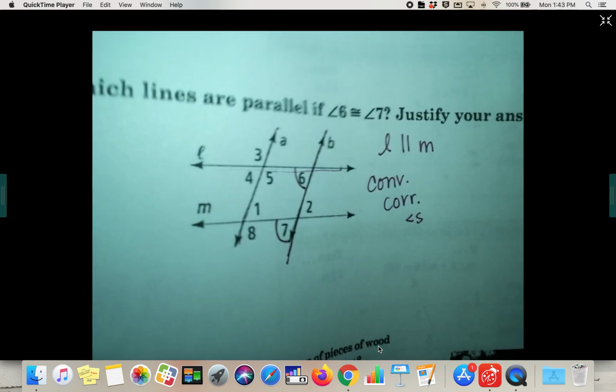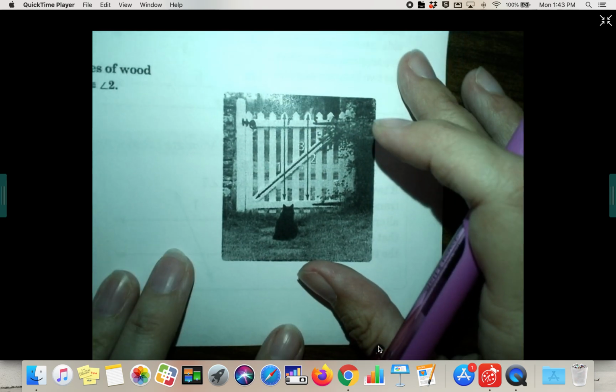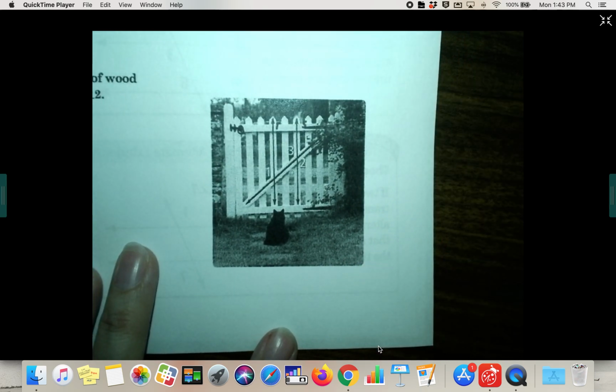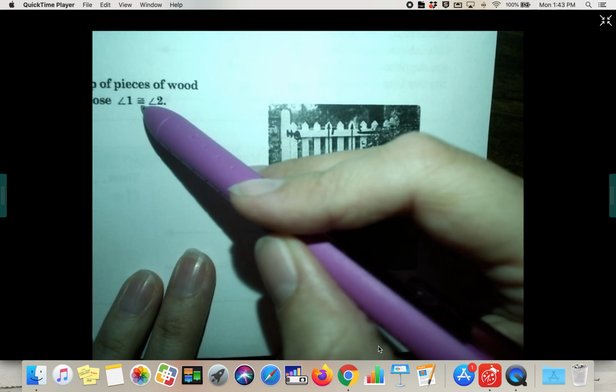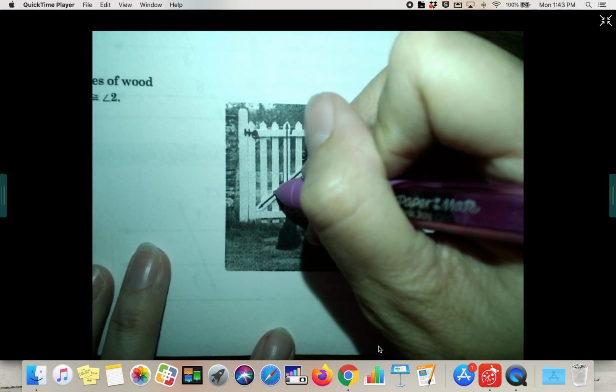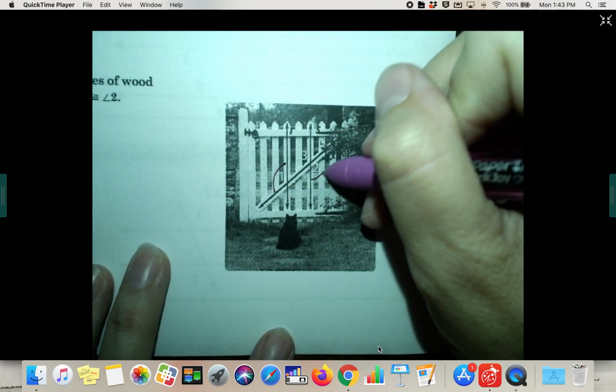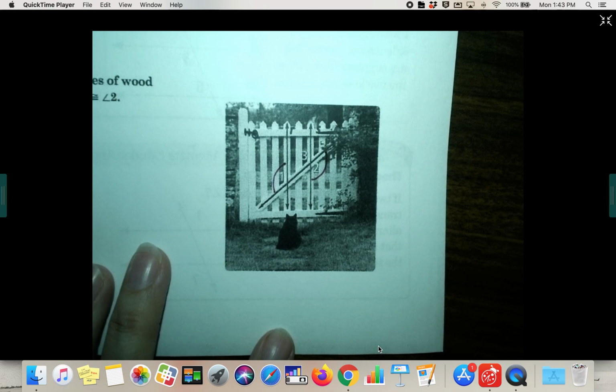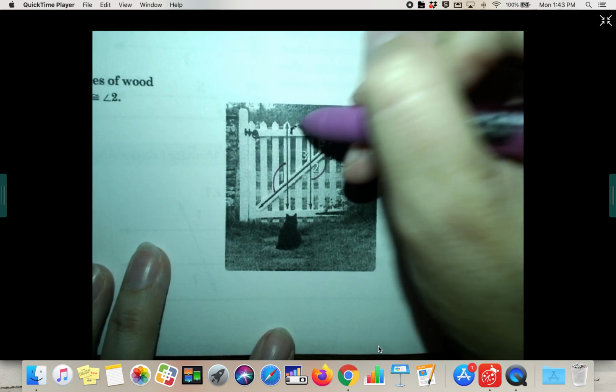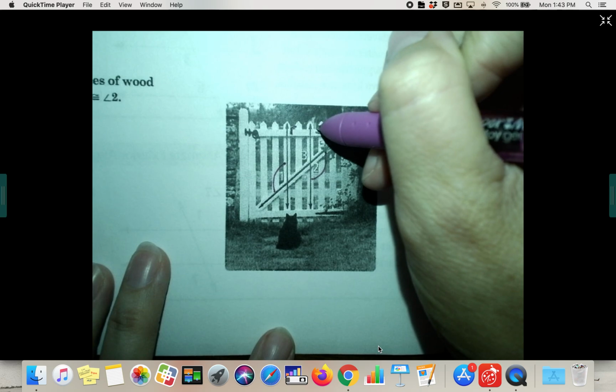Okay, take a look at the picture of the fence. I know it's kind of hard to see, but it says the fence gate at the right is made up of pieces of wood arranged in various directions. Suppose angle 1 is congruent to angle 2. Based on that, are lines R and S parallel?